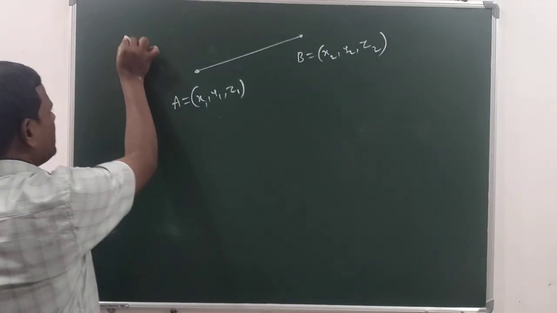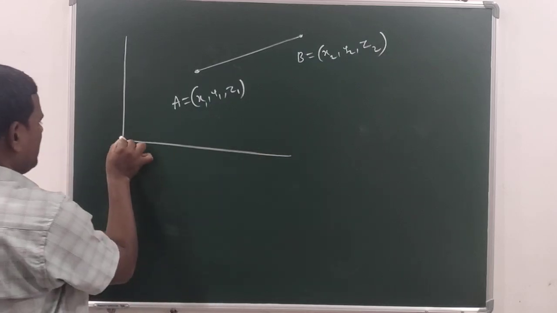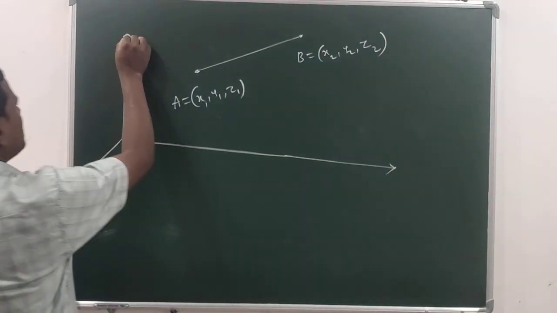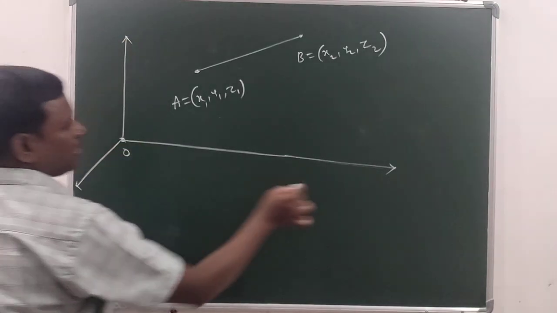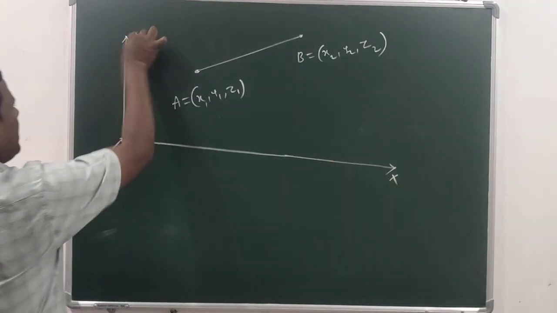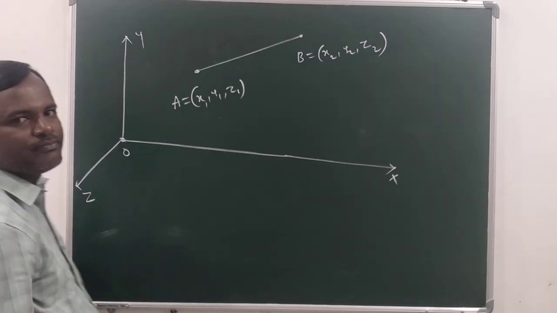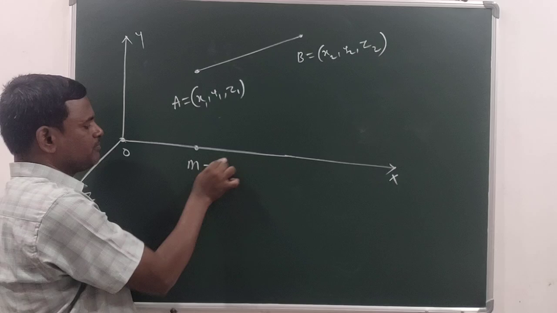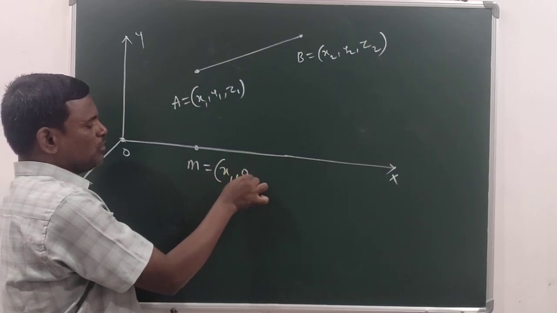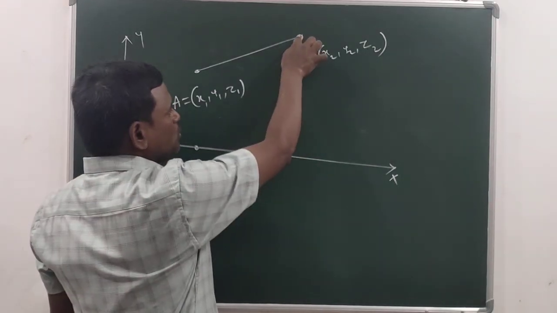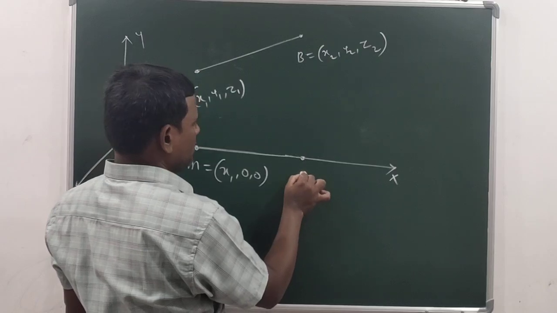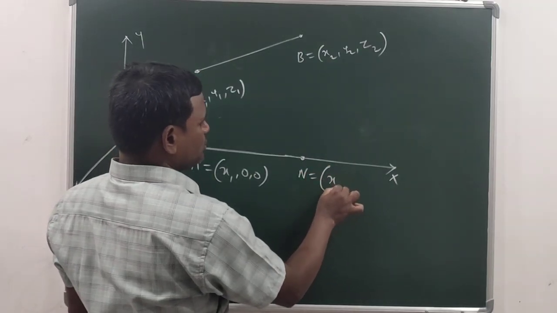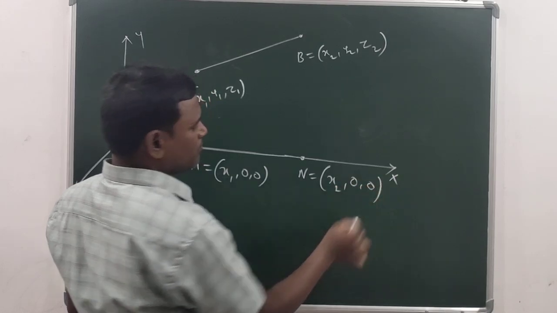Students, this is the origin, x-axis, y-axis, z-axis. Now the projection we get here is M (x1, 0, 0), and the projection of the other point on the x-axis, let it be N (x2, 0, 0).